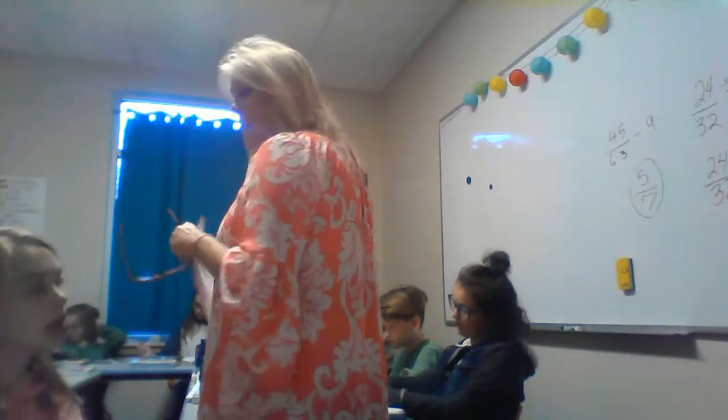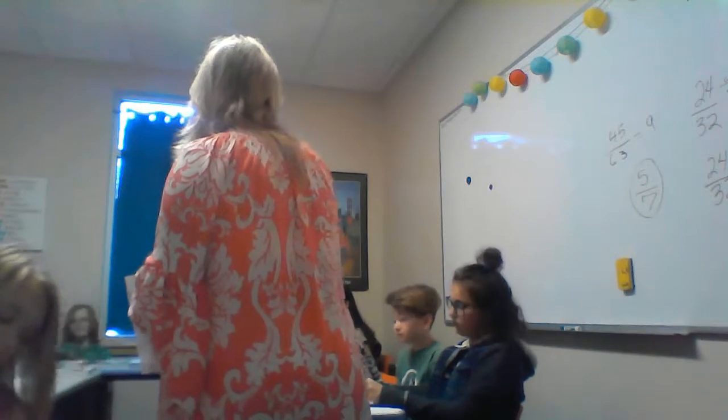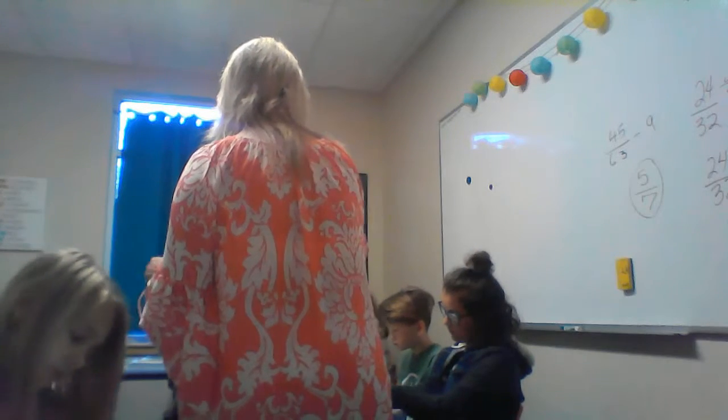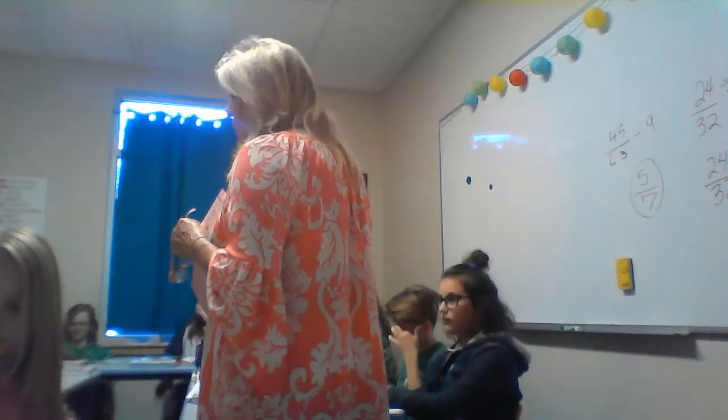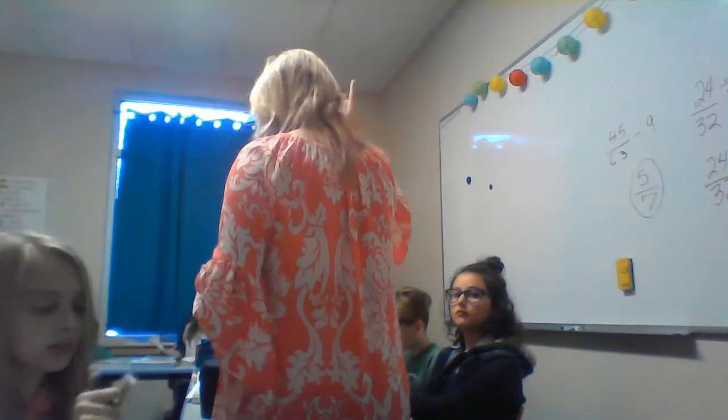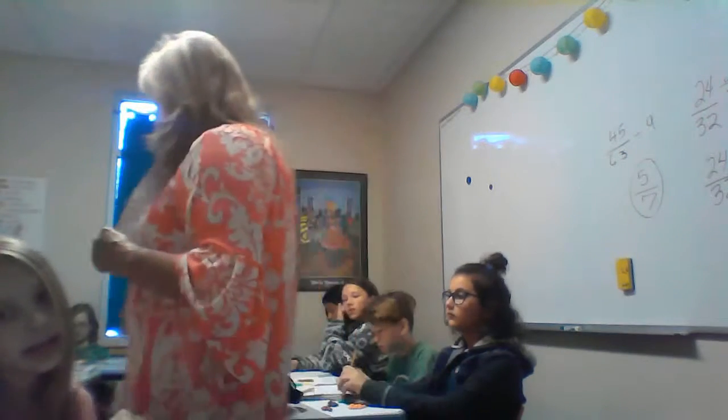And then by the end of class, there's 12 of us in here. There's going to be 6 in one group and 6 in the other for round 4. So there's 4 rounds to the Skittle game, okay? But the good news is that after you count them and you put them in your chart, you get to eat them. That's the good news.